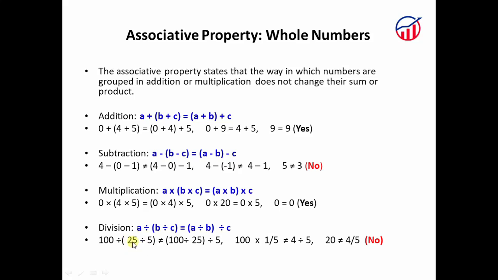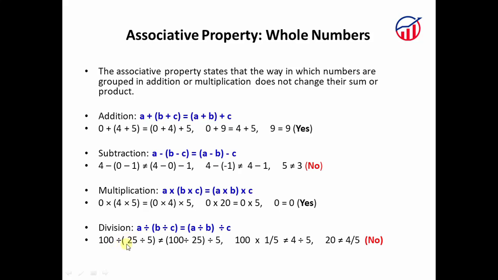So inside the bracket you're going to have 5, and 100 into 5 over here. So when you solve this, 100 divided by 25 divided by 5, this is just going to be the reciprocal, 5 upon 25, or you can straight away solve this.